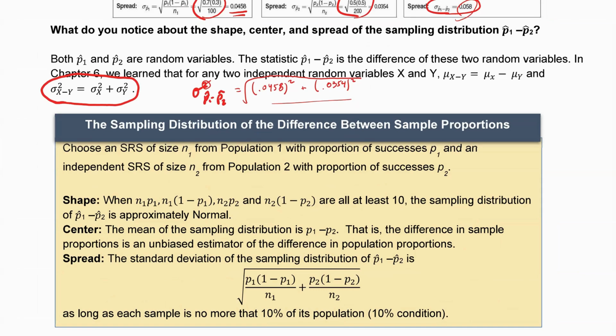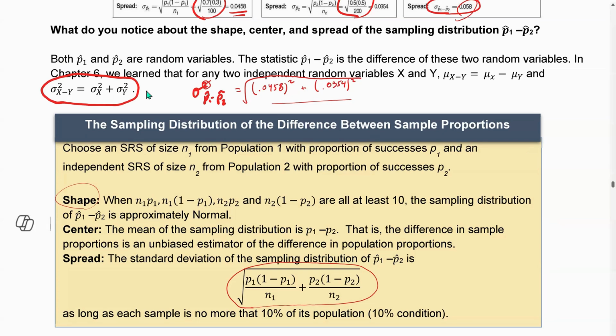And lastly, the standard deviation of the difference of proportions can be found using this formula. This formula, by the way, is found on the formula sheets, as long as we meet the 10% condition for both of those cases. Remember, if we want to say that the shape is approximately normal, we need to check to make sure that the individual distributions are also approximately normal.